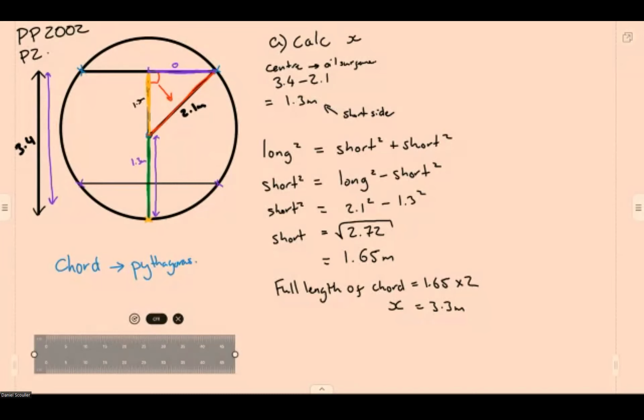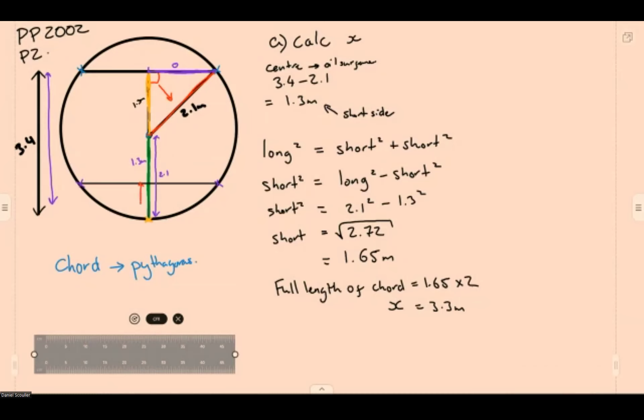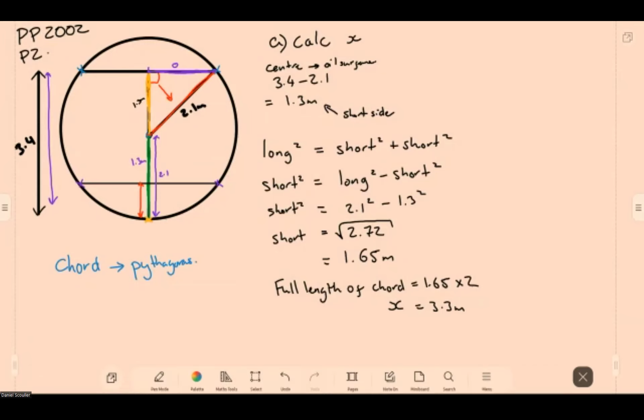That one there is 2.1. So what we're left with, the depth from the top of the surface oil to the bottom, is going to be the difference between them. So it's going to be our 2.1 minus our 1.3. All right, and that's it.